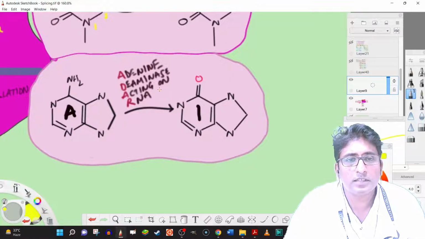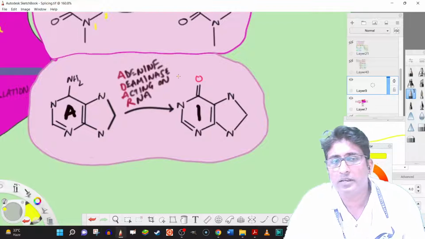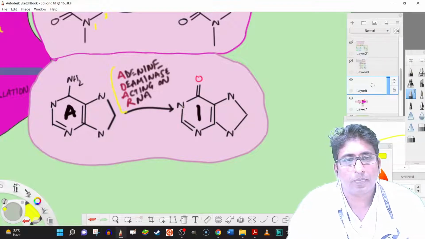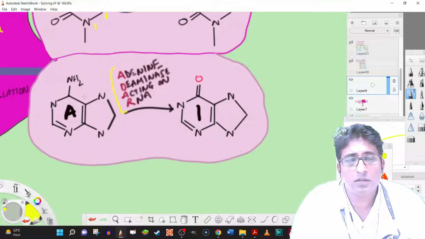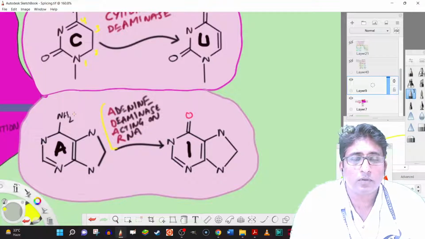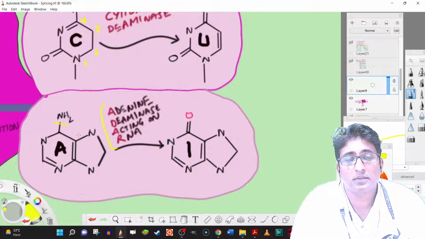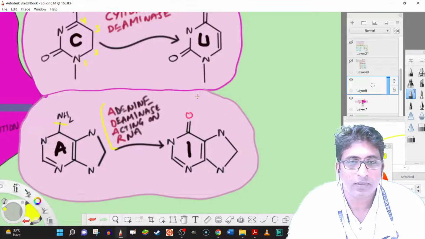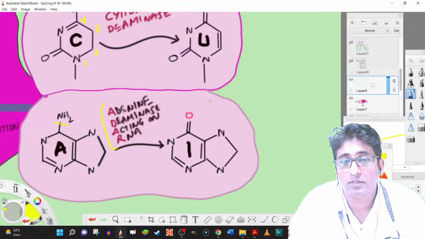There is also another enzyme called adenine deaminase acting on RNA, or ADAR in short. It is similar to cytidine deaminase. ADAR deaminates the amino group present on the 6th carbon, thereby resulting in formation of inosine.